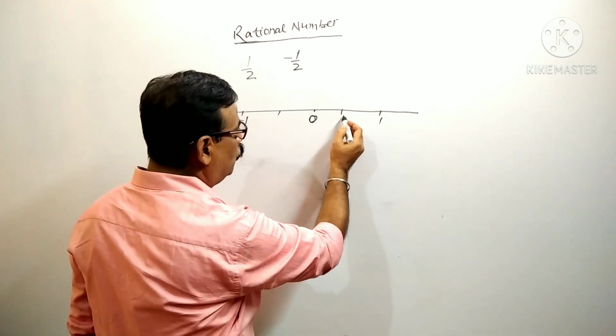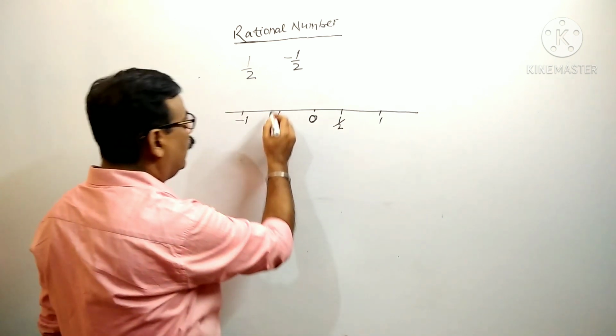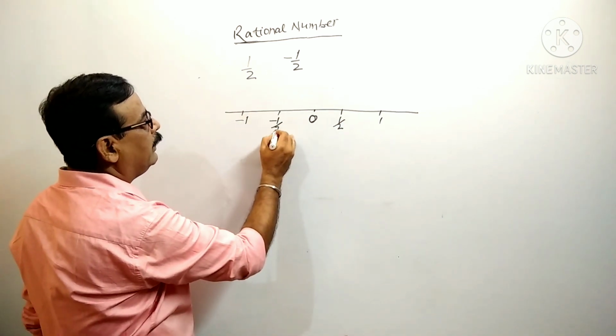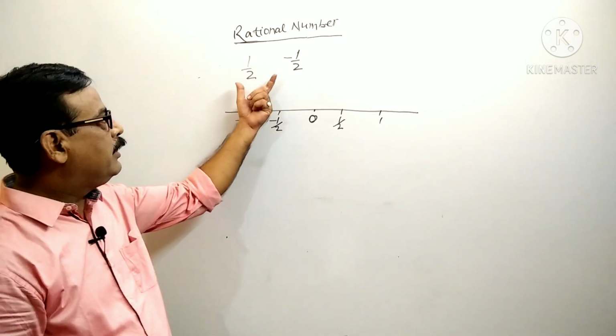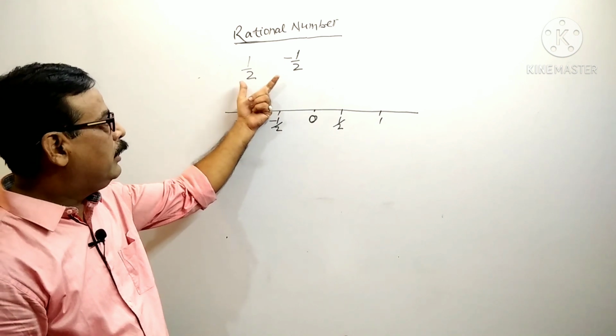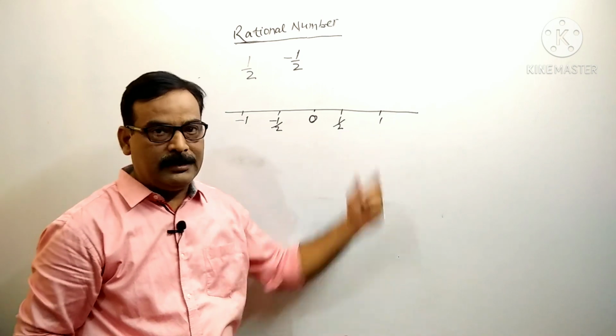So out of 2, 1 is there, so we can write here 1 by 2, and minus 1 by 2 we can write here as minus 1 by 2. So this is the representation of rational numbers 1 by 2 and minus 1 by 2 on a number line.